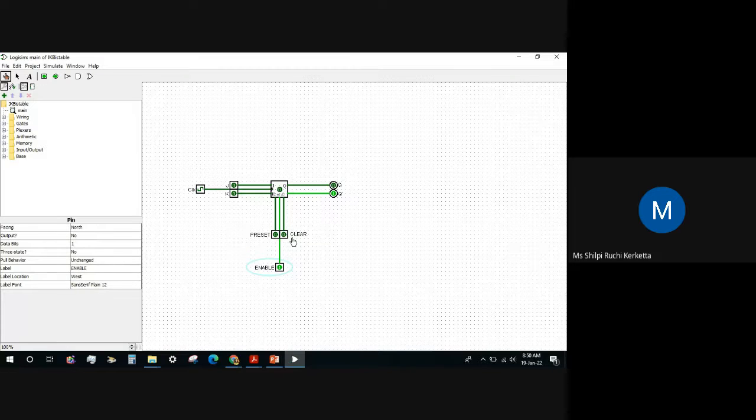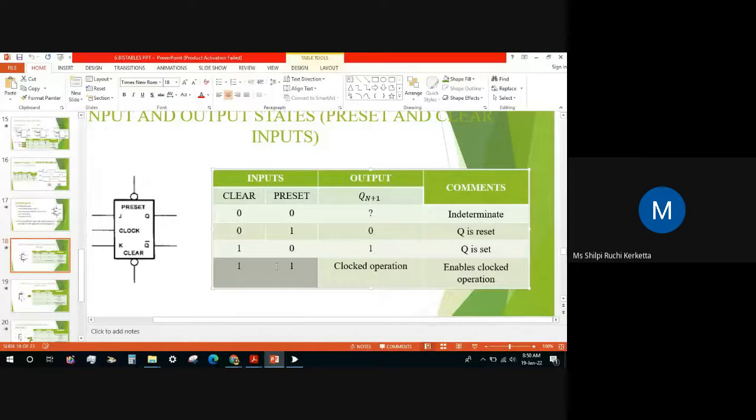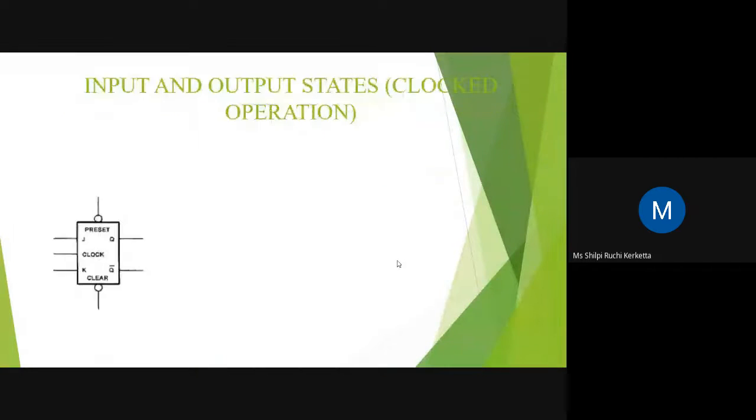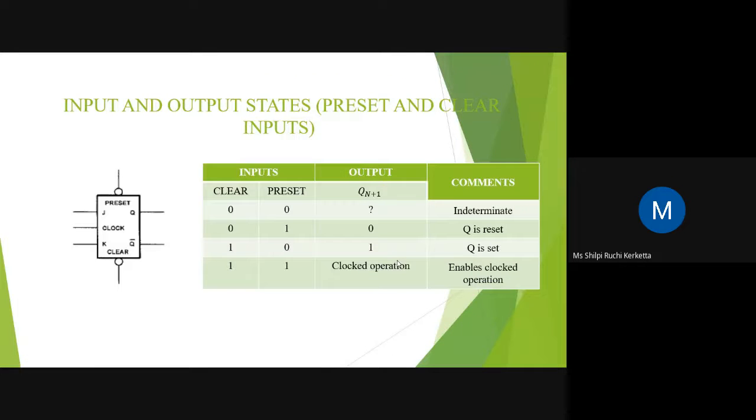That's why we are using 0, 0, and we also have an enable pin and we have to put it as 1, but here we don't have an enable pin. Okay, so this is enabling our circuit. So this is switching on our circuit. I will show you afterwards how this condition switches on our circuit. So first our circuit is switched on by putting this preset and clear as 1, 1.